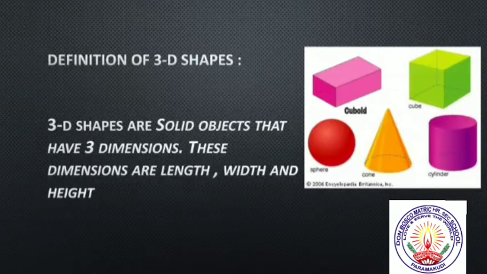Then definition of 3D shapes. 3D means 3 dimension. 3D shapes are solid objects that have 3 dimensions. These dimensions are length, width and height.